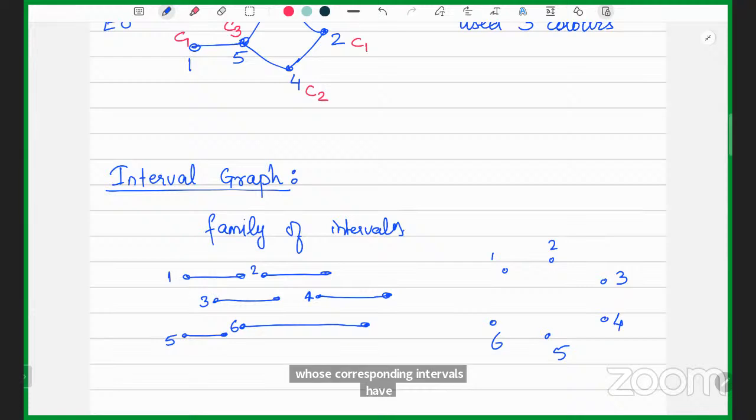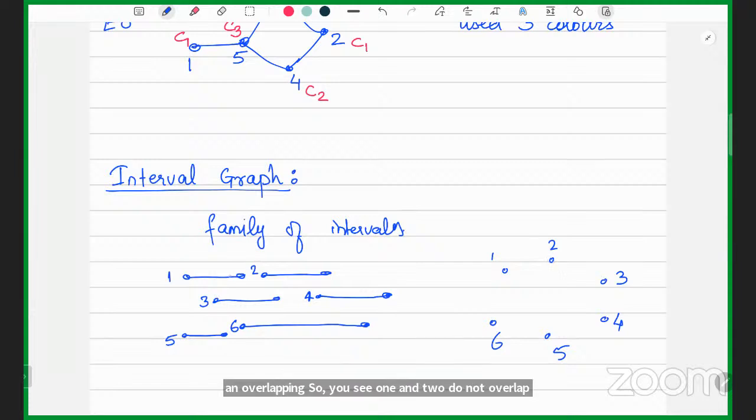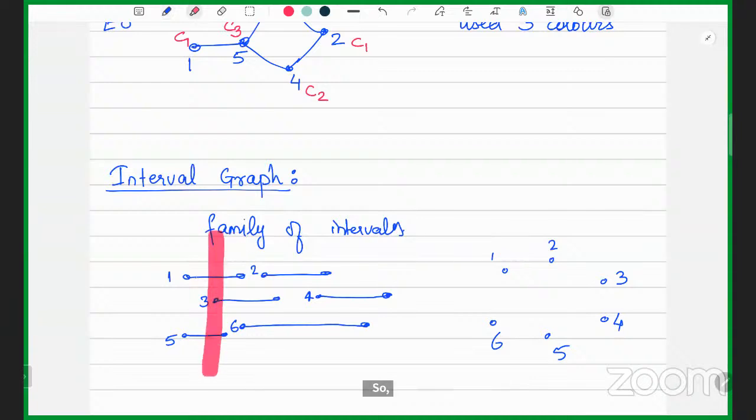So you see, 1 and 2 do not overlap, which means 1 and 2 are not going to be adjacent. 1 and 3, yes. If I draw a line like this, I can see 1, 3, and 5 are overlapping, which means 1 is adjacent to 3, 3 is adjacent to 5, and 1 is adjacent to 5.